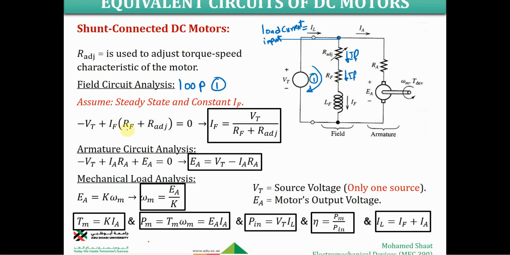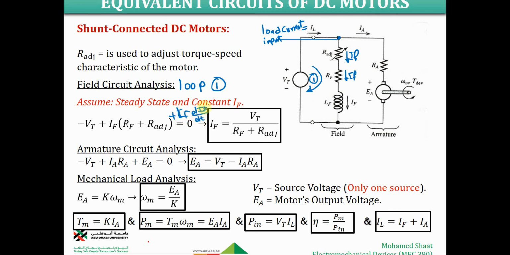Plus the voltage over this coil, which is going to be LF times the time derivative of IF, d/dt.